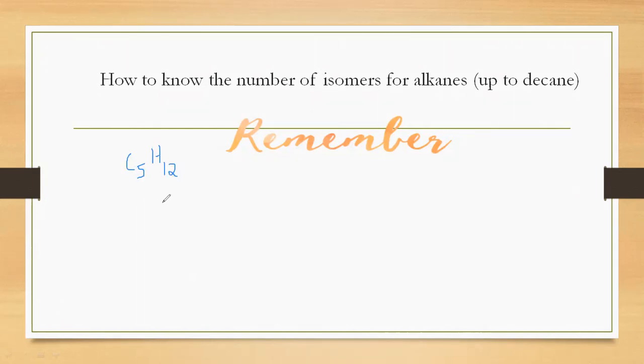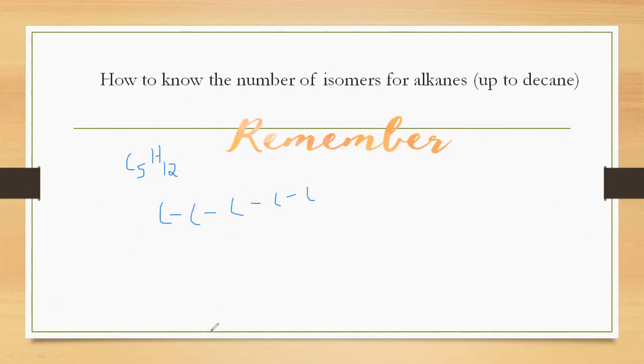One of the methods is, see here, I write C, C, C, C, C. Then shifting these carbons, you have to find out how many isomers are present. But you know, the competitive exam is a time-bound exam.